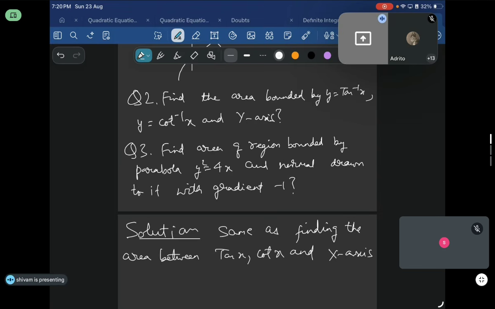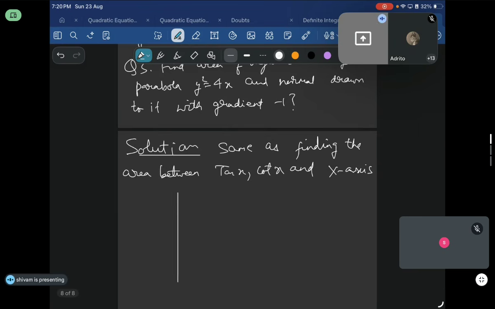Are people getting it? I'll take the horizontal strip, vertical strip. So tan x will be somewhat like this, and cot x will be somewhat like this.